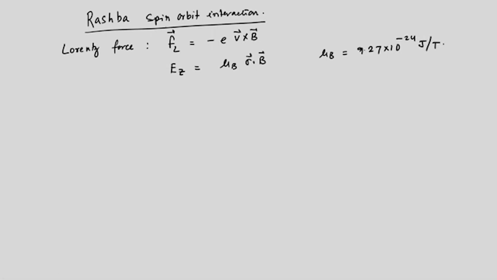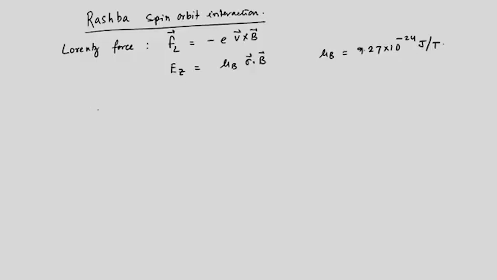Now, when the electron is subjected to an electric field, then in the rest frame of the electron, it experiences a magnetic field. Let me write that.